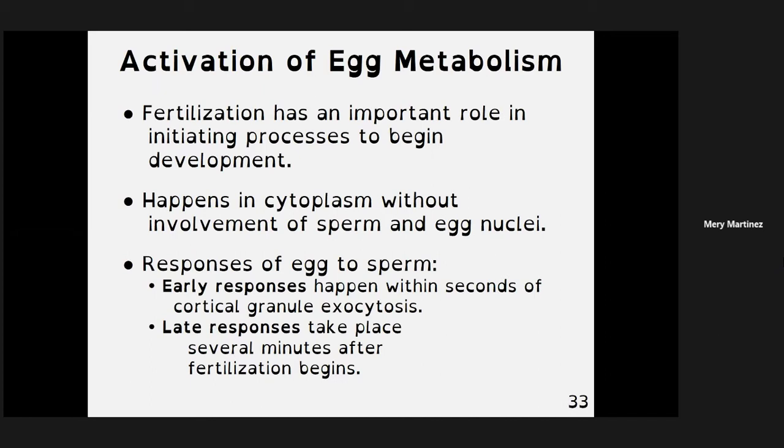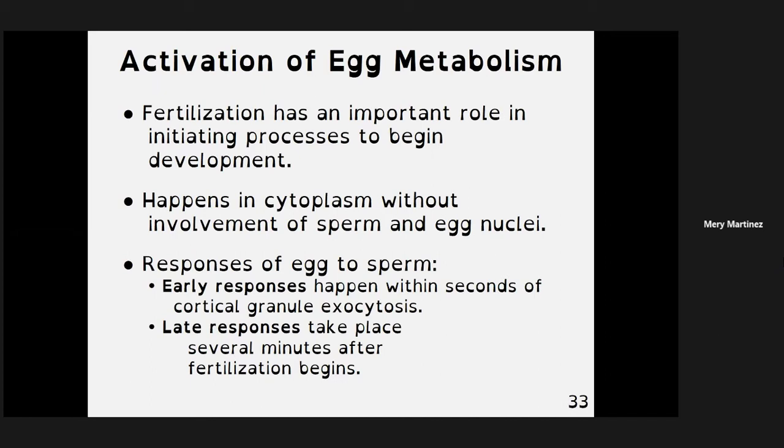Okay, so the mature urchin egg is metabolically sluggish. It's a cell that is only activated by the sperm with that cortical reaction and the entrance of water and the calcium wave.